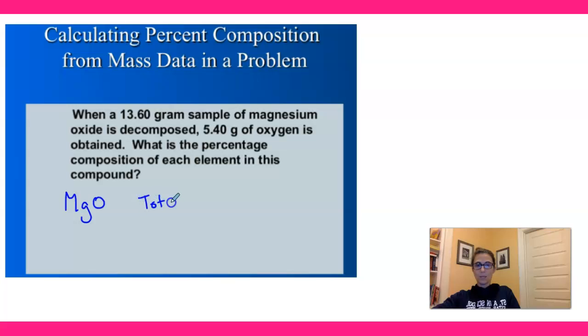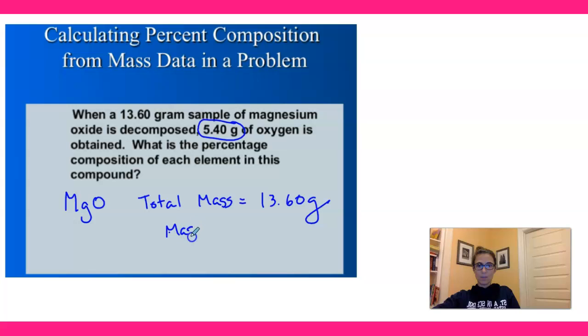So total mass equals 13.60 grams. It's saying this decomposes, which means it breaks down. It can only break down into two elements, oxygen and magnesium. So it's telling me that 5.40 grams comes from oxygen.